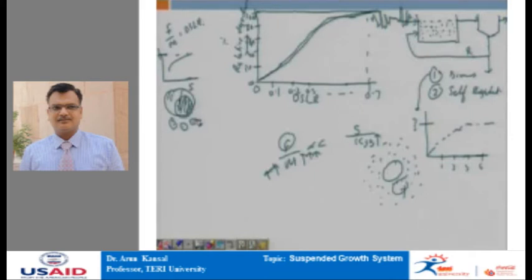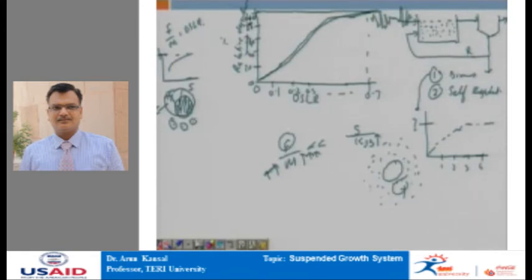They will use it up to their maximum capacity and the rest of the food remains unutilized, so it will go out of the system as it is. It means that if the food supply is more, we are using it at a very high level of consumption, and as the food is less, we are using it at a very low level of consumption. So degradative capacity is less when the food is less, and more when the food is more. But beyond a certain point, further increase will not result in further increase in the degradation capacity.